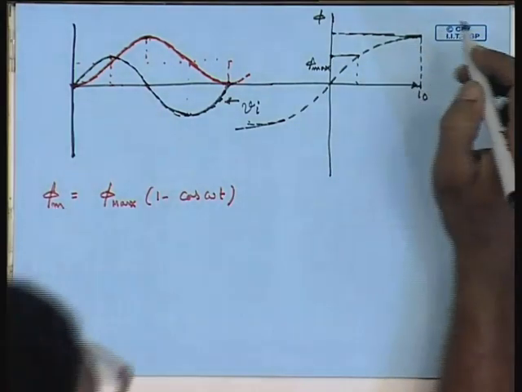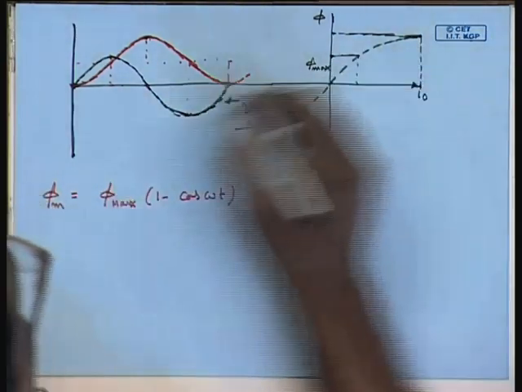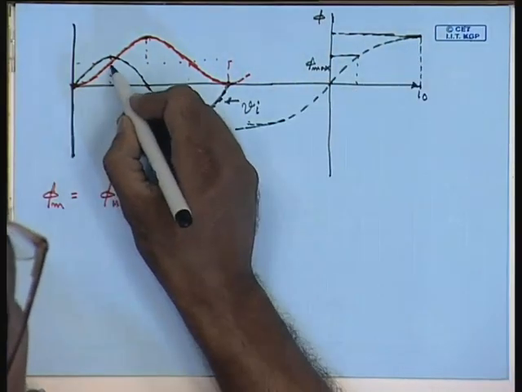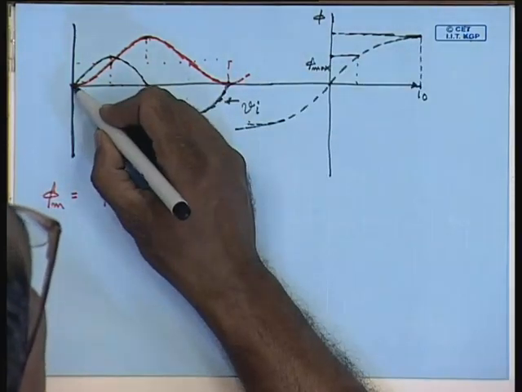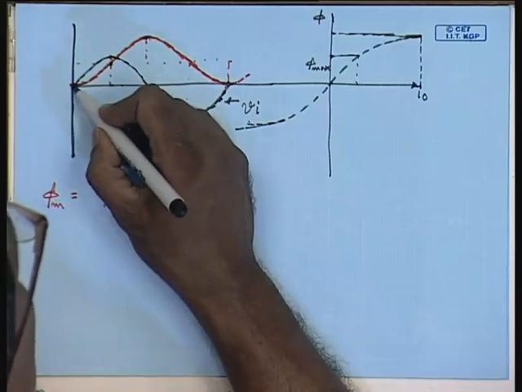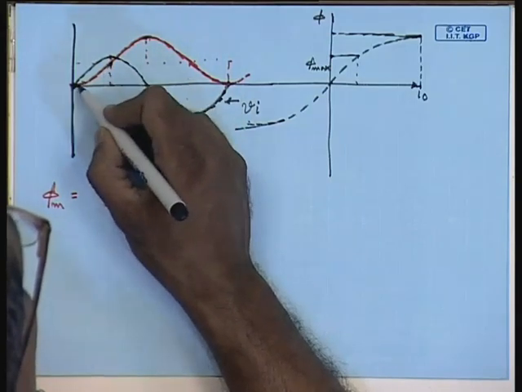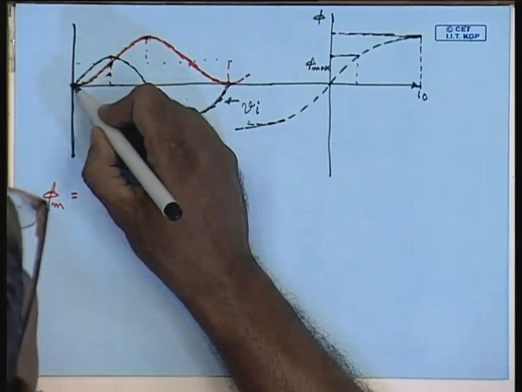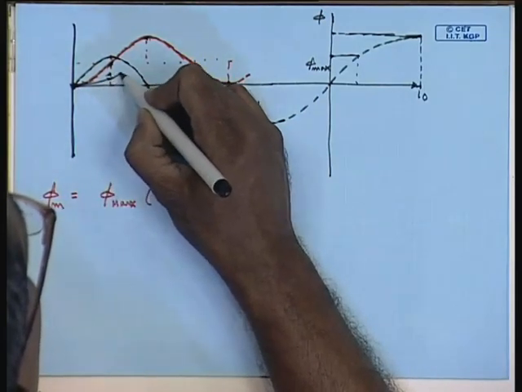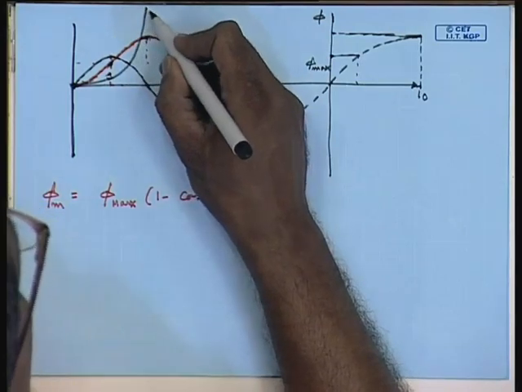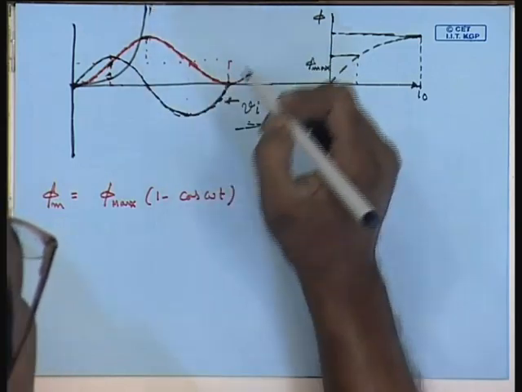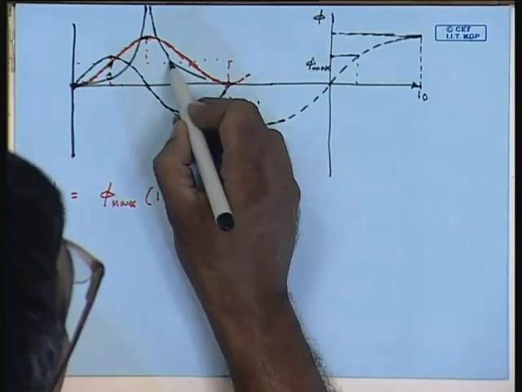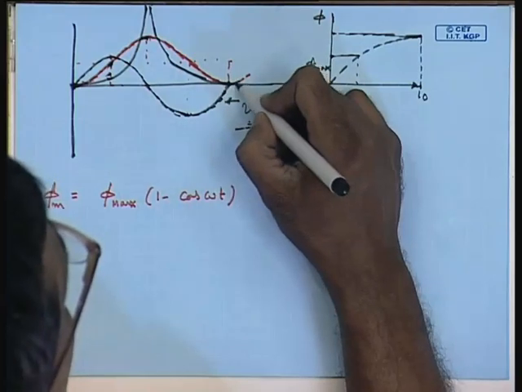So, the current waveform, if we neglect the hysteresis, at t equal to 0 is 0, at omega t equal to pi by 2 it reaches the rated value, and then at omega t equal to pi it reaches a very high value. And this waveform repeats.